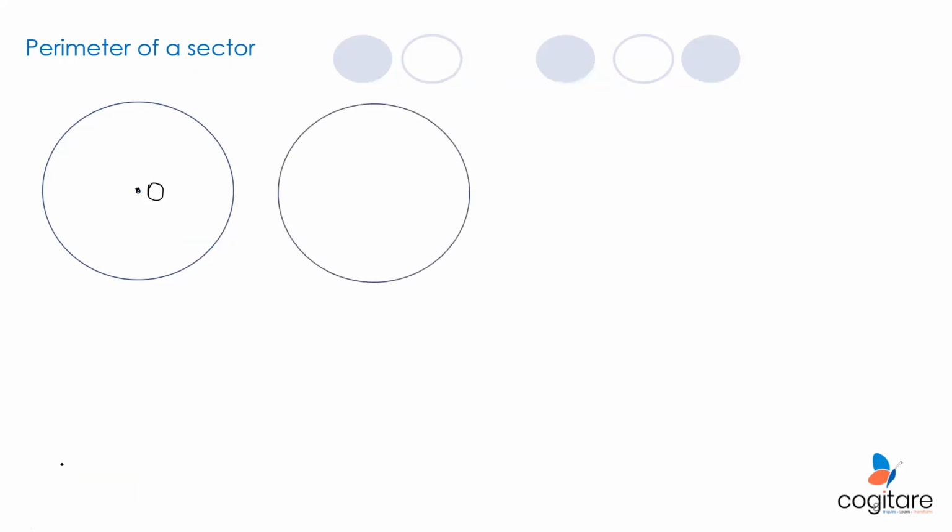Cool. Let's look at the perimeter of a sector. Now, as usual, I have a semicircle, and then let's look at this sector AB. Okay, what we're talking about here is this, all this dotted portion is the sector.